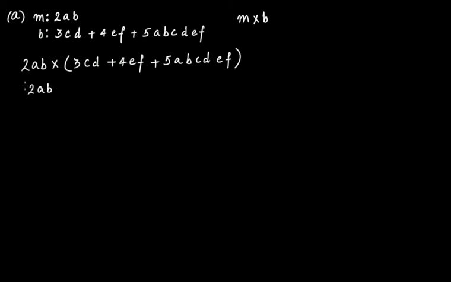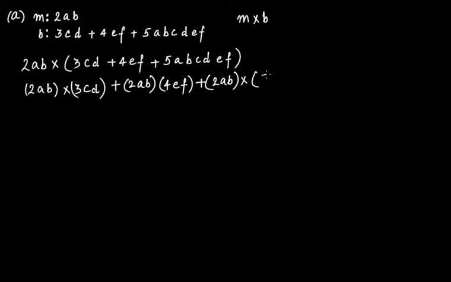Okay, now applying this property here, this becomes 2ab multiplied by 3cd, then this plus sign, 2ab multiplied by 4ef, then again this plus sign, 2ab multiplied by 5abcdef. Now the constants: 2 multiplied by 3, and then you have a, b, c, d, so write abcd.